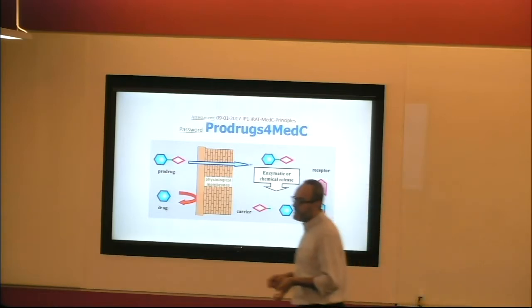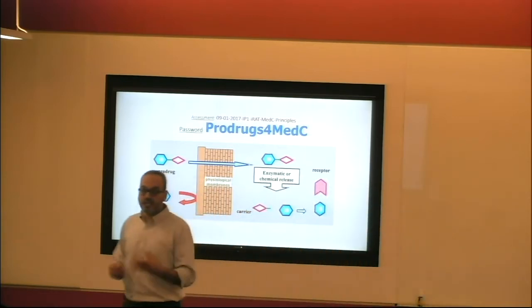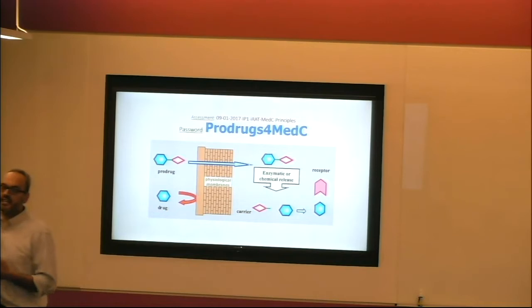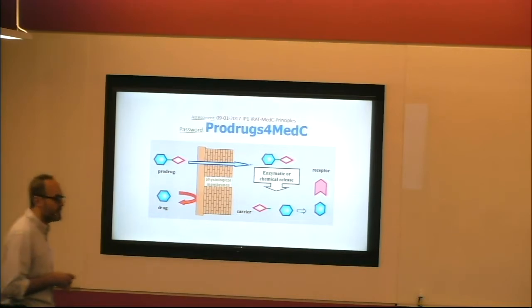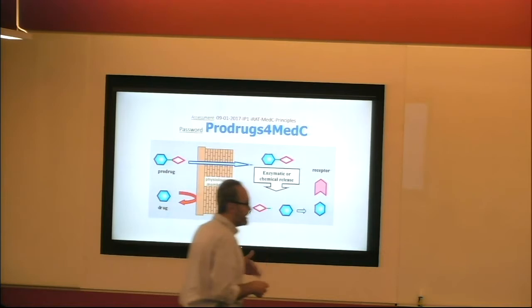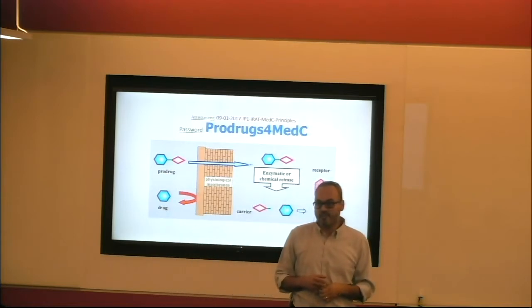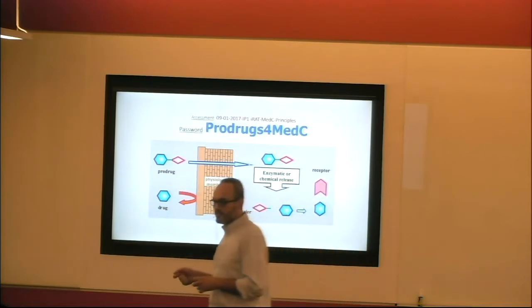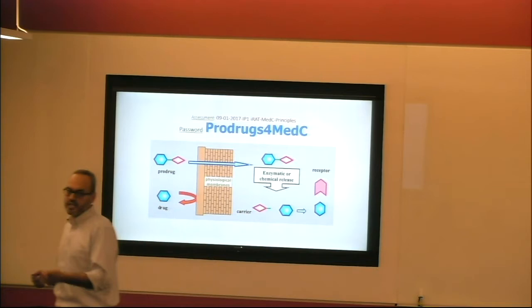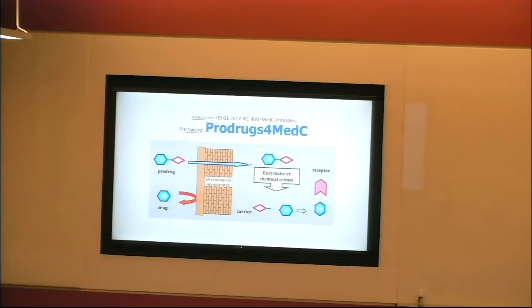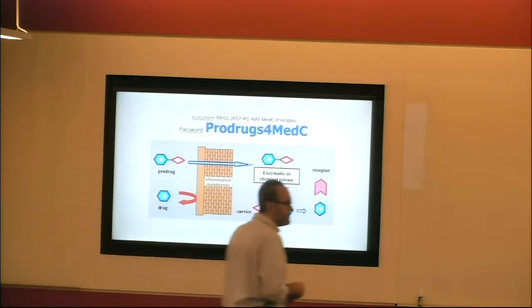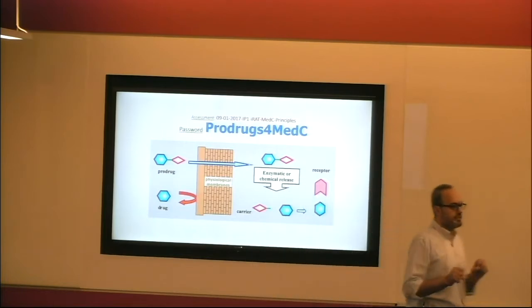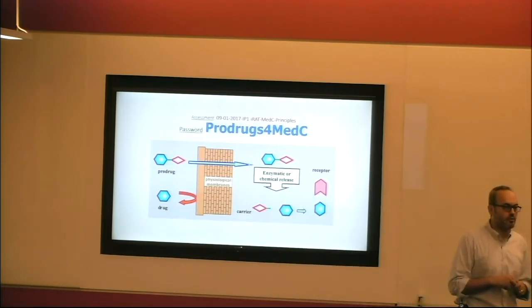Now, if we can solve the problem without losing the activity of the drug, that would be perfect, right? We don't have to give a drug that's inactive and then wait for the body to convert it. But sometimes, in order to fix a problem, the drug becomes inactive. If we can fix that and rely somehow on another mechanism to convert to the active form, then we end up having the prodrug approach or prodrug design.